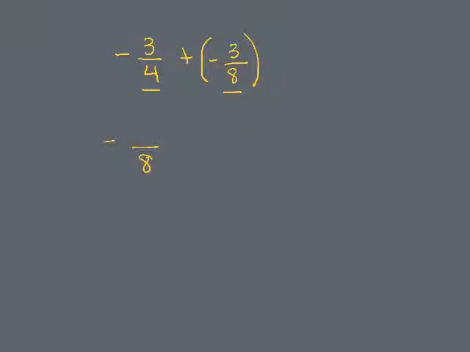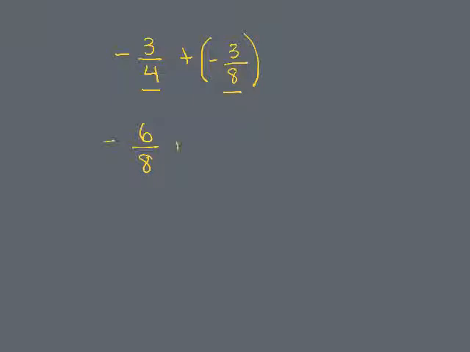In order to change this denominator to 8, we have to multiply the denominator by 2. So 4 times 2 is 8. Well, what we do to the bottom, we must do to the top to get equivalency, to make it equal. So 3 times 2 is 6. 6/8 is the same as 3/4.